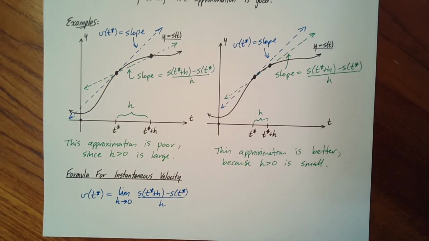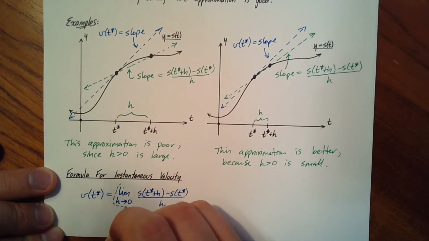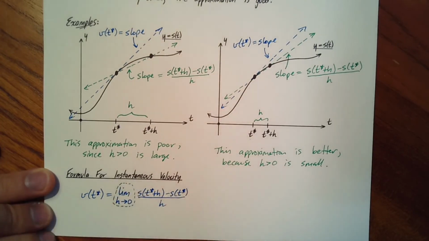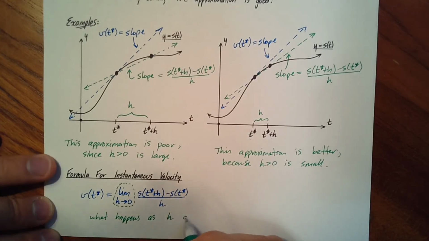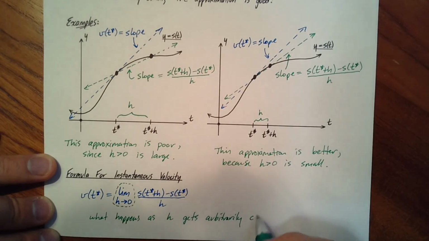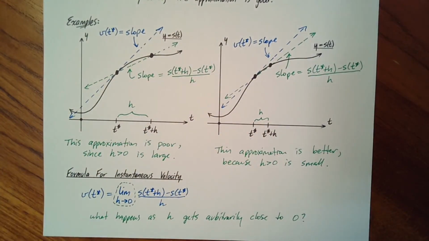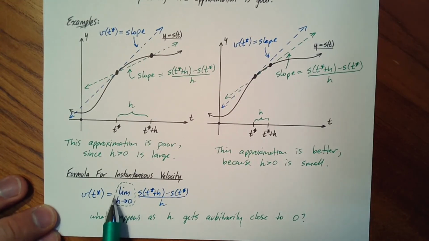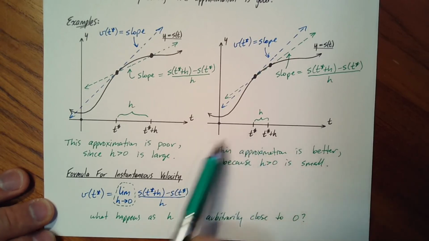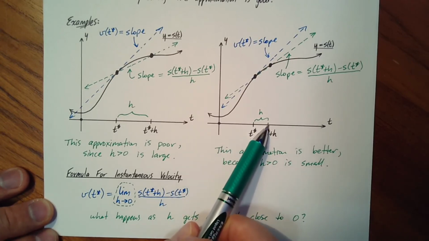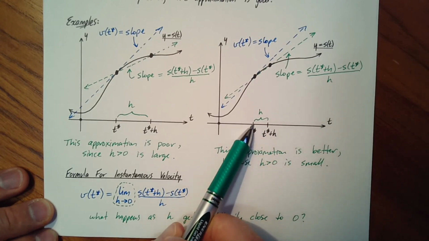Okay, so let me add one more comment before we go on to the next page. I want to really zero in on this notation. This means what happens as h gets arbitrarily close to 0. Okay, and geometrically, what you should imagine that this notation really does is like a vacuum cleaner at t star. It just takes the t star plus h point and sucks it in towards t star, pulls it in, right?